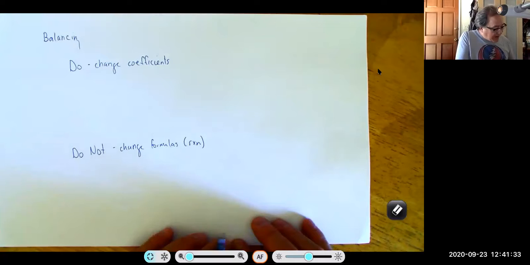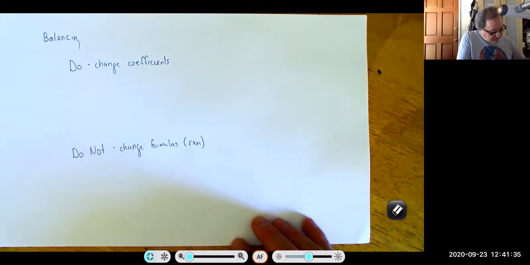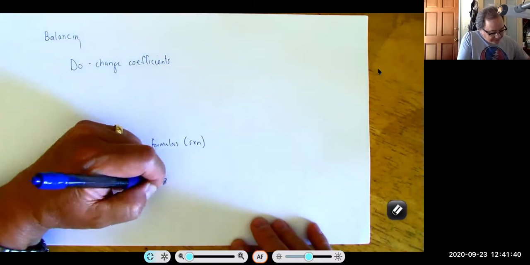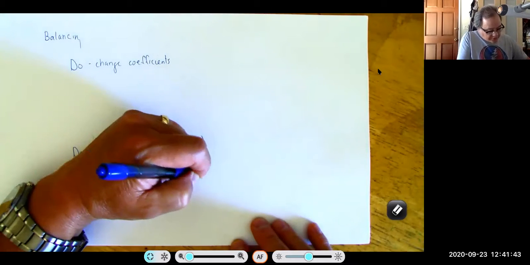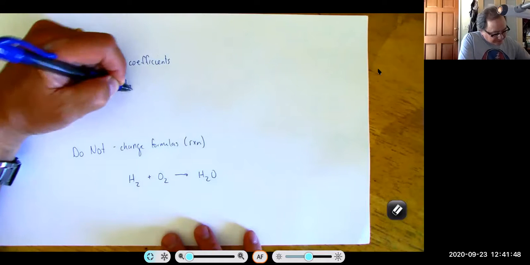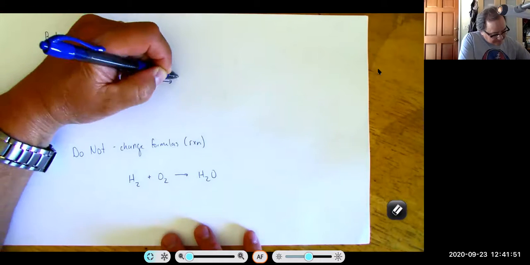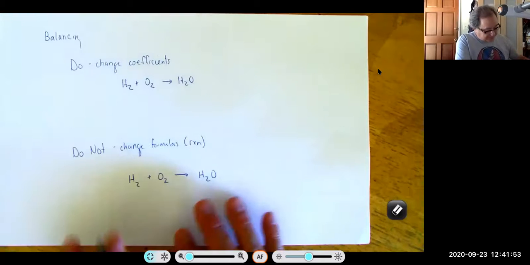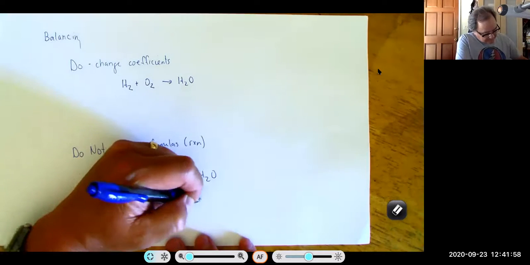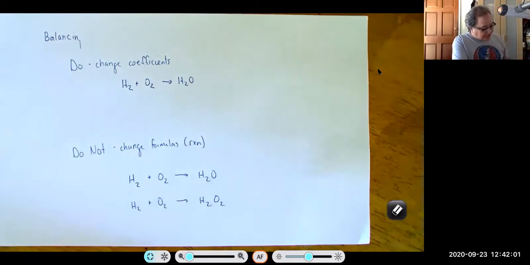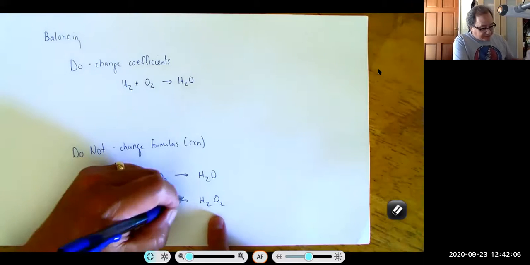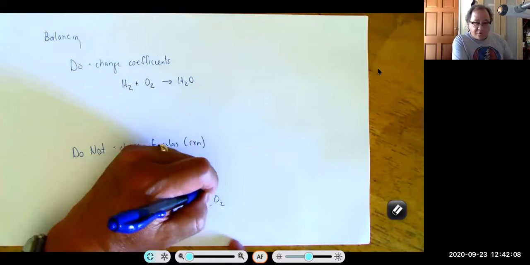So for instance, this is a reaction that does occur. Hydrogen reacts with oxygen to give you H2O. So this is a real reaction. So this is a don't. Do you see how we have 2 hydrogens on the left and 2 on the right? This is a don't. Do not change the formula of anything.